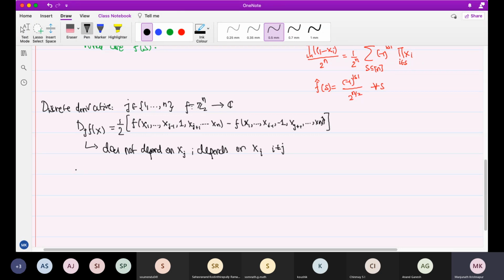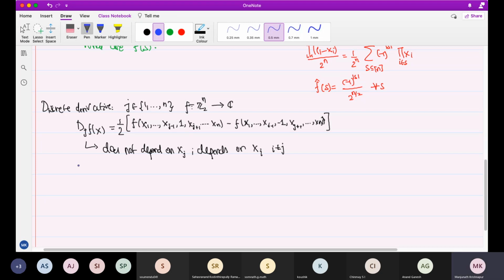So this is a measure of how much the jth voter matters to some extent. If it was a Boolean function, I'll come to the Boolean function case, but maybe I define one more concept.